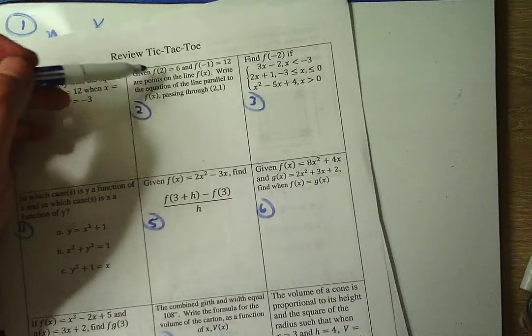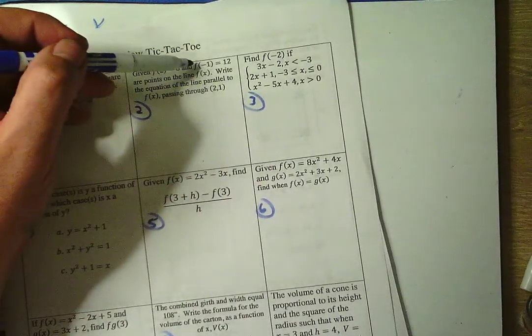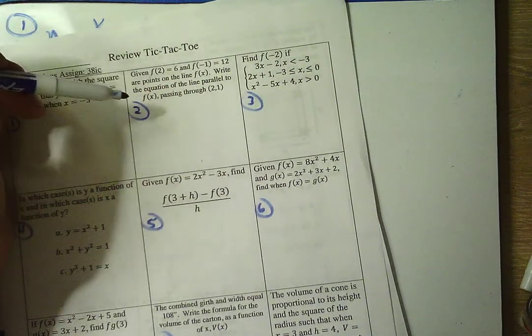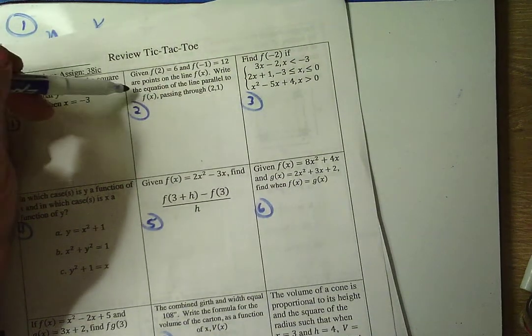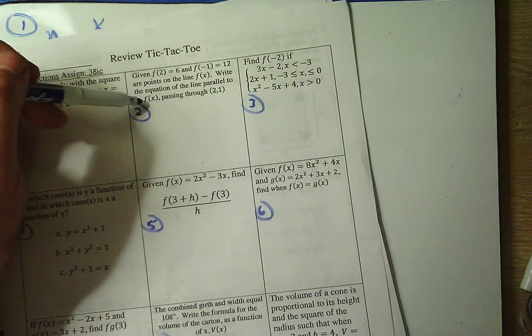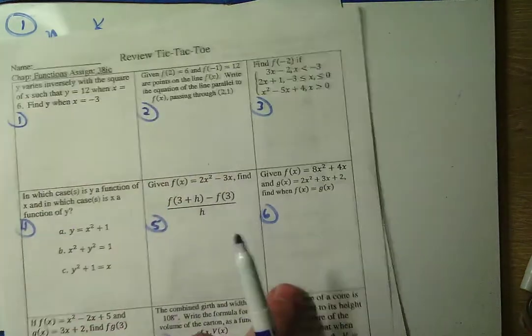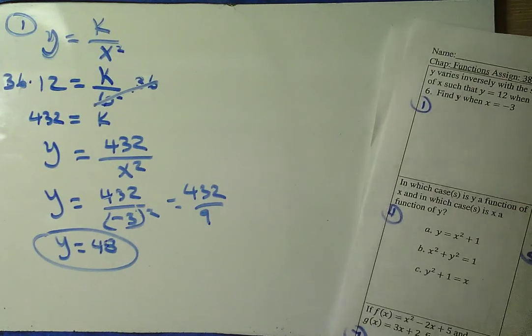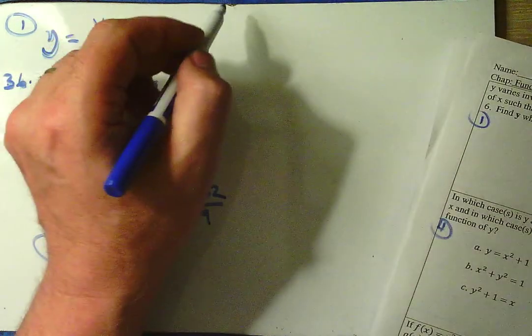Number 2 says, given f of 2 equals 6 and f of negative 1 equals 12 are points on a line f of x, write the equation of the line parallel to f of x passing through this other point. Well, we did this in our graphing basics unit, but we were using ordered pairs.